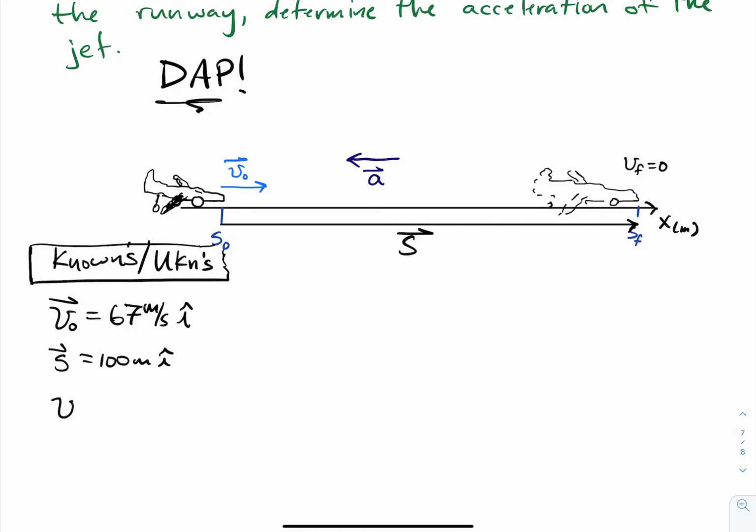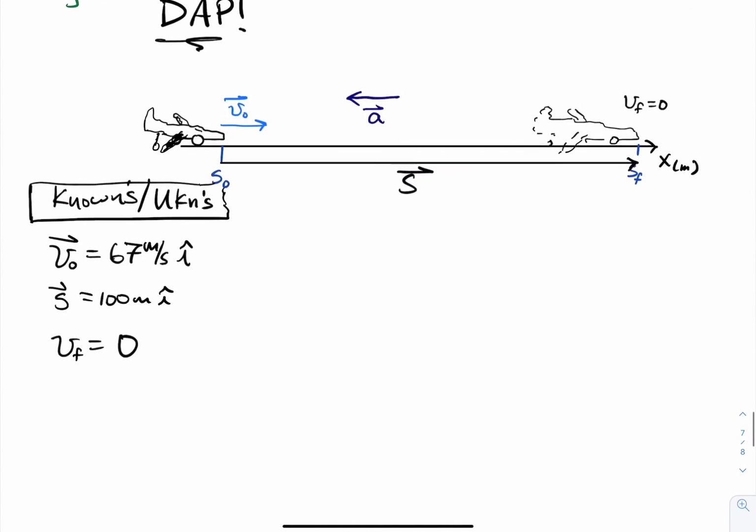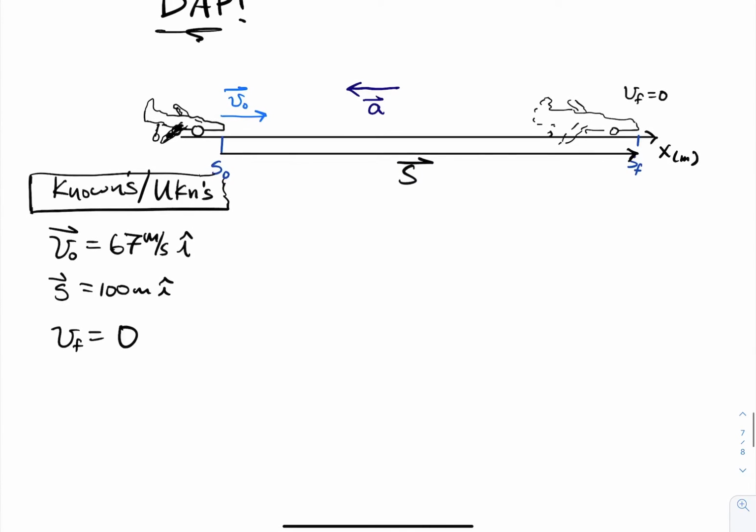We know that the final velocity of our plane is 0. I never really write units on zeros. 0 meters per second is the same as 0 meters, and it's the same as 0 kilograms. 0 times anything is 0, of course. So it's really one of the only places I won't write my units on.